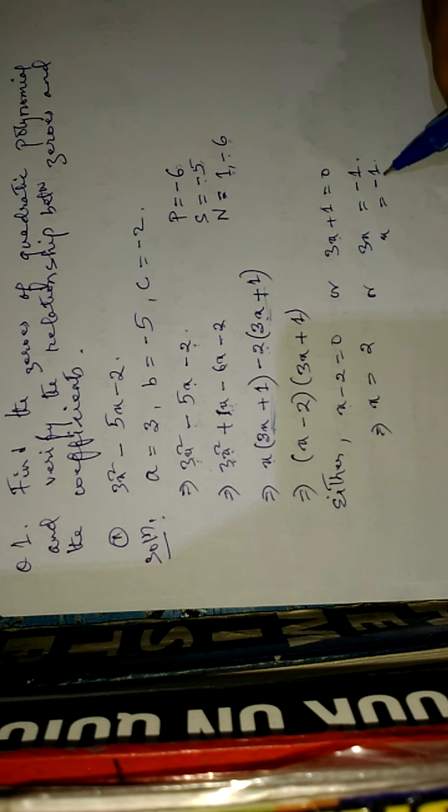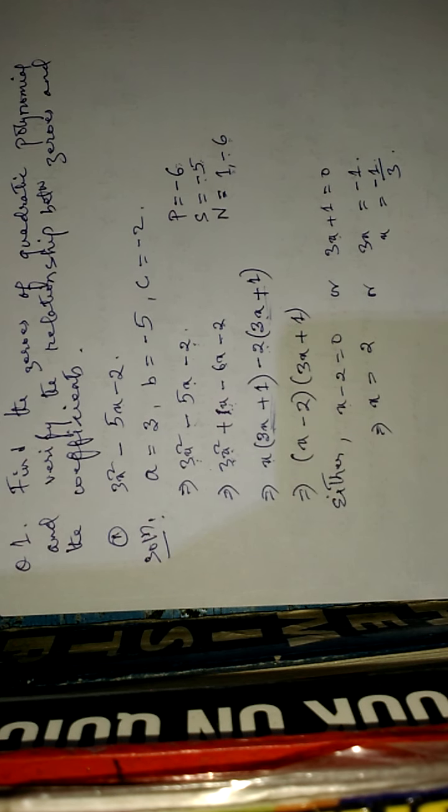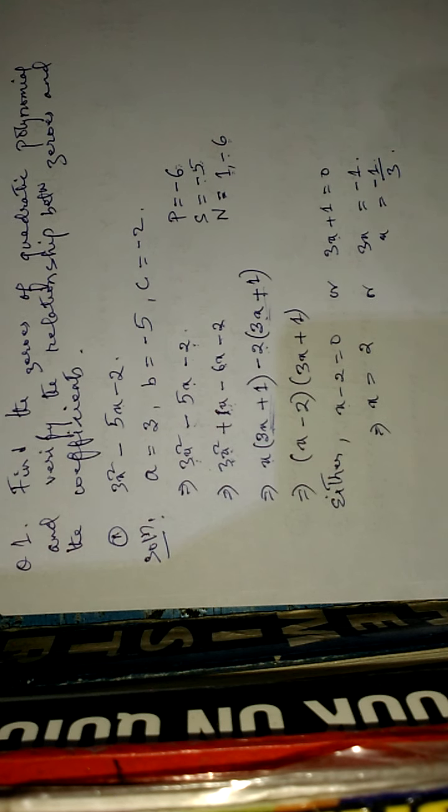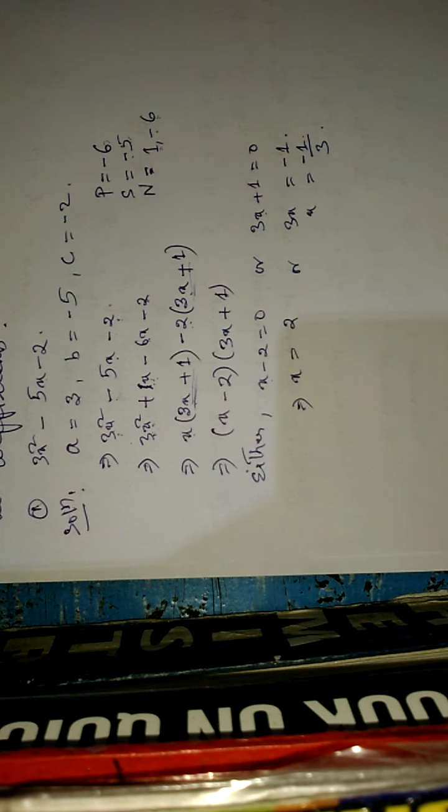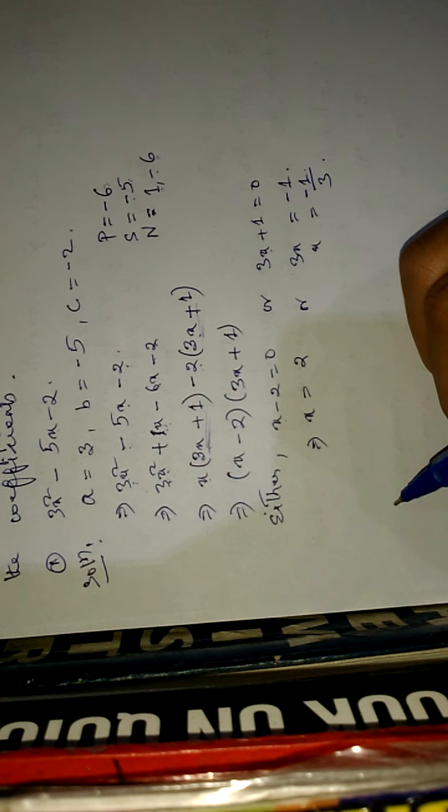Therefore, sum of zeros, as I said earlier, is alpha plus beta. Here alpha is 2 and beta is minus 1 by 3. Okay, so take the LCM.